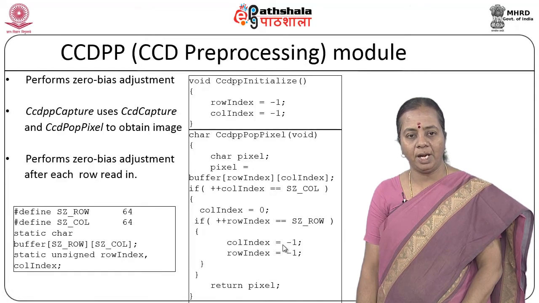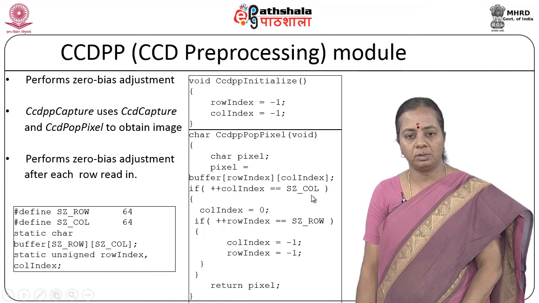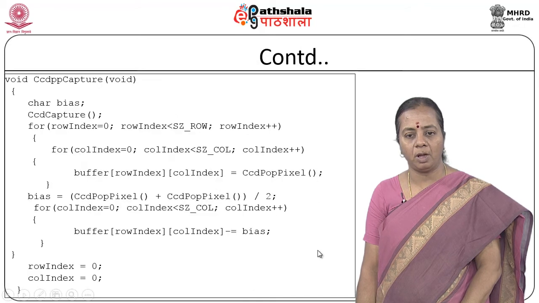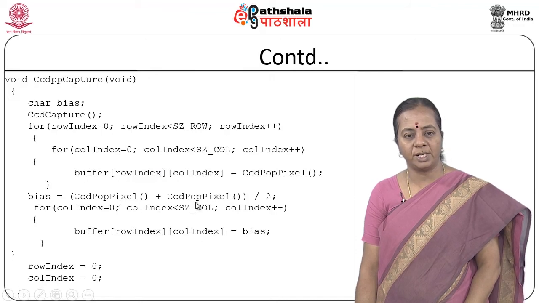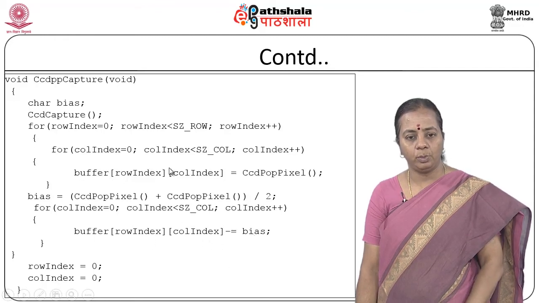CCD pre-processing is nothing but your zero adjust. It finds the columns and rows where you have a zero bias. The values of the 2 pixels with zero values are added and divided by 2, that is averaged, and this will be the bias which is subtracted from your real value.